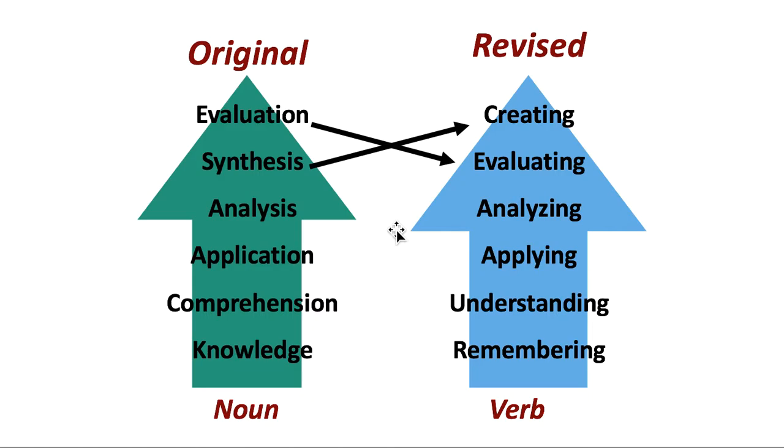When you create something, you're using all of your cognitive abilities, pulling things together to create it. So keep in mind that there is an original and a revised, and the revised uses action verbs with the ing at the end, and creating is the highest level on the revised.